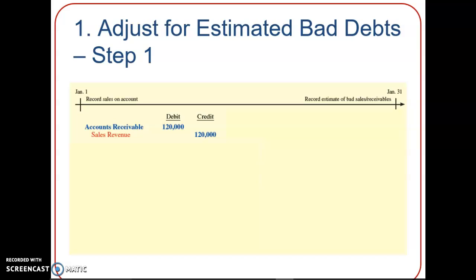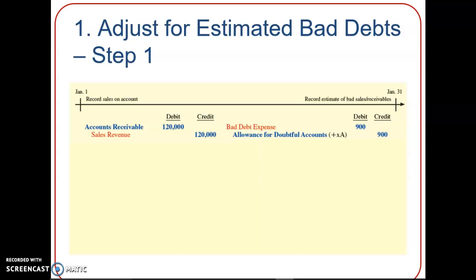Credit, sales revenue, $120,000. So that's very clear. Then at the end of the period, which is January, we made an adjustment. We say debit, bad debt expense, $900. That's an estimated number. Again, we're going to look at how to come up with the number of 900.